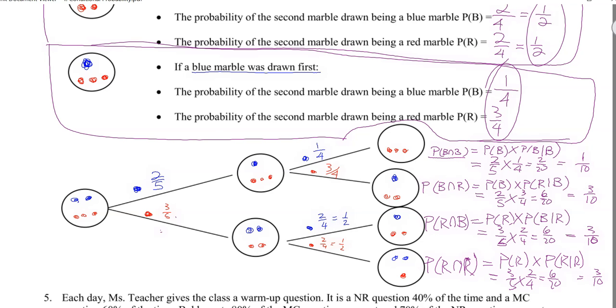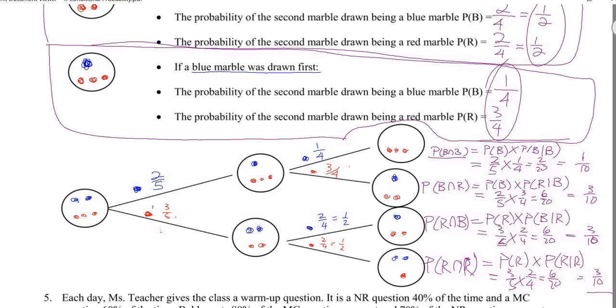They are the probability that you've got 2 blues, right? You got a blue on the first draw, and then without putting it back, you got another blue. The probability you get a blue on the first draw, and then without putting it back, a red on the second. The probability you get a red on the first, and then a blue. The probability you got a red, and then a red. Now that's all that can happen, right? You can either get a blue and a blue, a blue and a red, a red and a blue, or a red and a red.